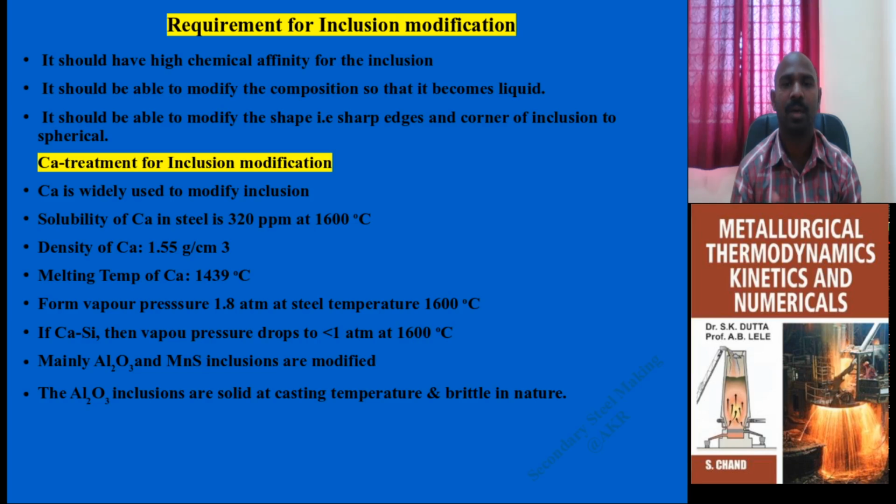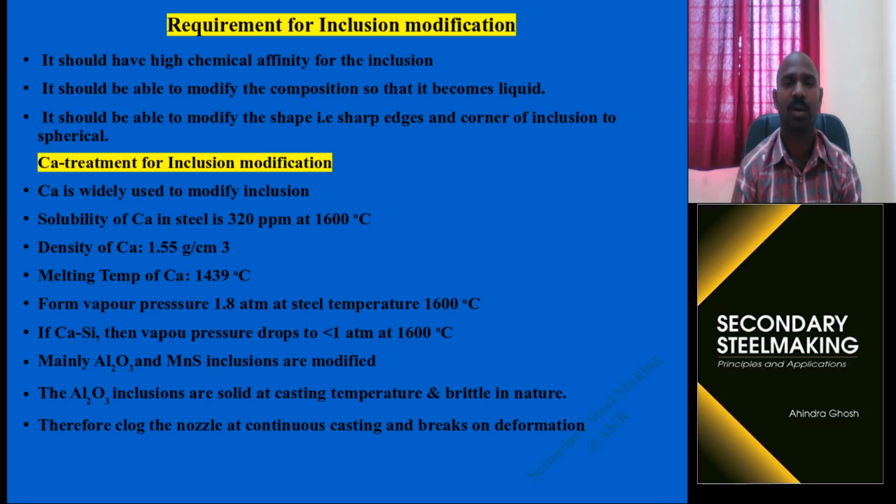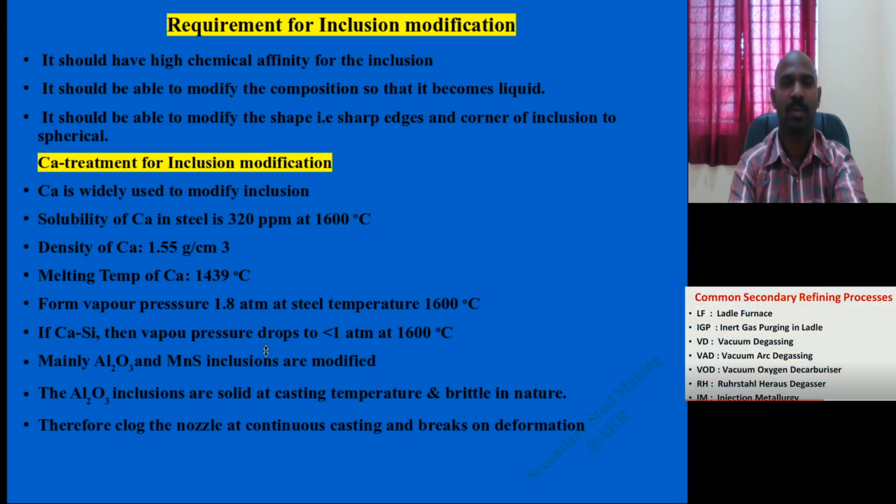And these Al2O3 inclusions are solid during the casting temperature and become brittle, leading to cracks. And this alumina will act as a blockage to the nozzle from the tundish to the mold. This is also very important.